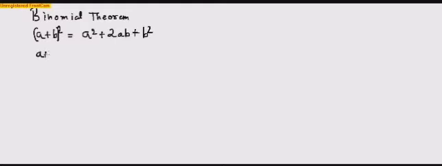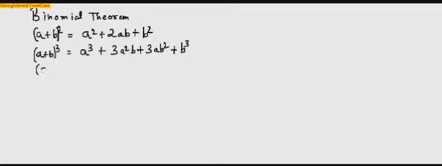Similarly, you must be knowing the formula for (a + b) whole cube also, most of you, I mean. That is a cube plus 3a square b plus 3ab square plus b cube, right?